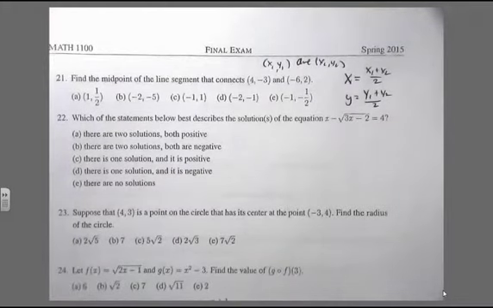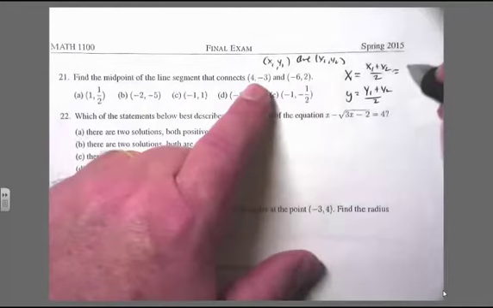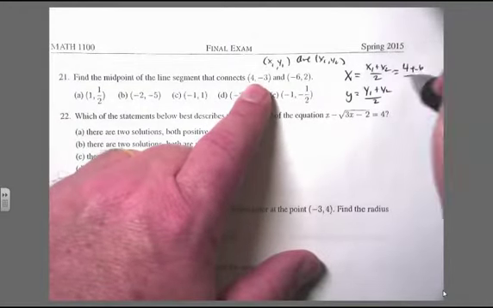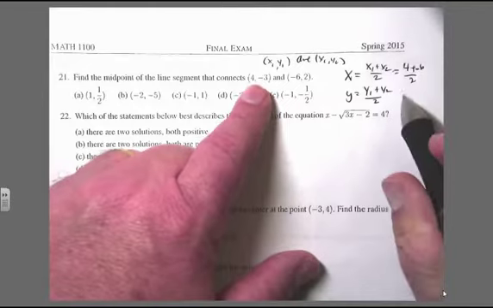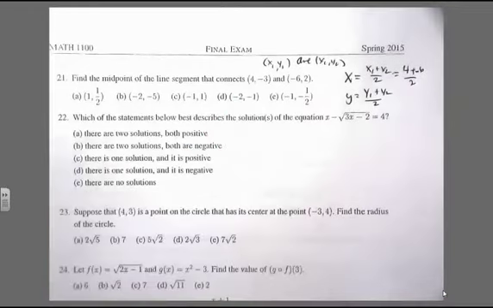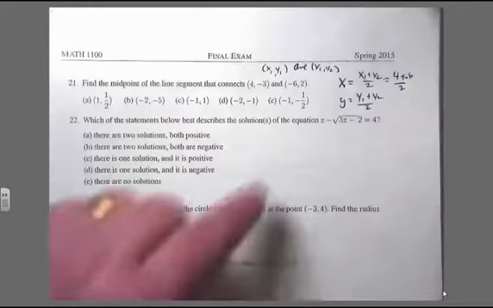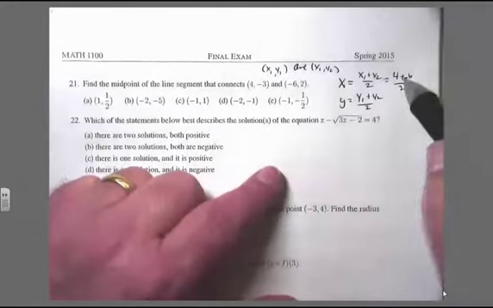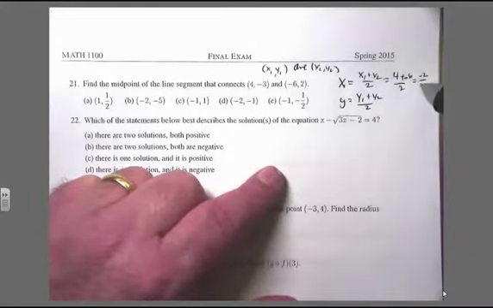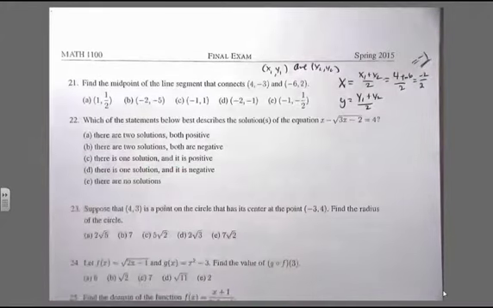So for my x-coordinate, I got to add my x-coordinates up. So it'll be 4 plus negative 6 divided by 2. What's 4 plus negative 6? Plus a negative is minus, 4 minus 6 is negative 2, divided by 2 is negative 1.